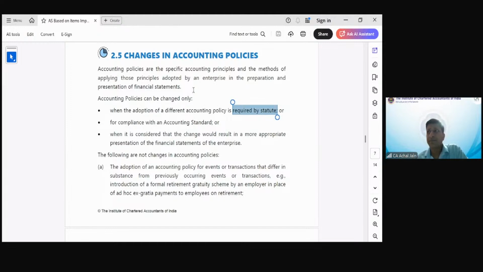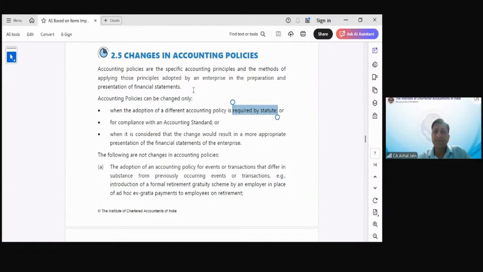That's first. Second, if accounting standard requires any change. Now, when would that happen? For example, a new accounting standard is issued, a revised one, and the accounting requirements are different. So earlier, the way accounting was required to be done has now changed. That may also result in change in accounting policy.